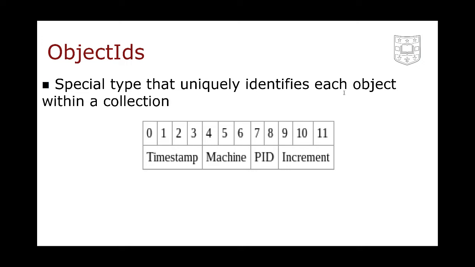So I think it's interesting to try and understand why these pieces are necessary, right? Timestamp feels somewhat relevant. When did I create this document? When did this document get inserted into the collection? That feels somewhat relevant. Why is the machine in here? Why do I include bytes to represent the machine, the actual physical computer that did the work? What does that tell us about Mongo?